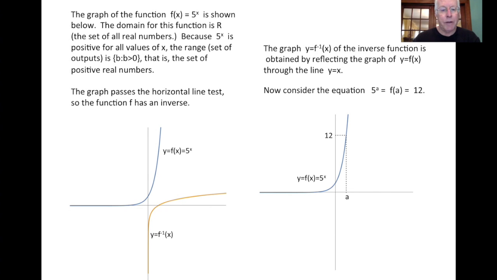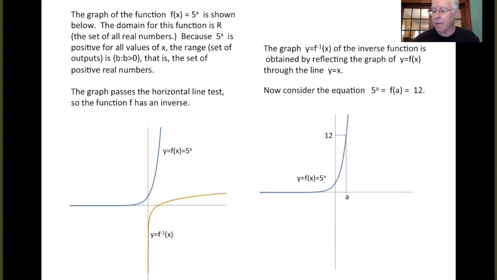Now let's explore this inverse function. Let's start by considering the equation 5 to the a, or f of a, equals 12. We want to know what number a we should raise 5 to, to get the answer 12. That's illustrated out here on the graph, where we see we'd like an input a to the graph that gives an output of 12.